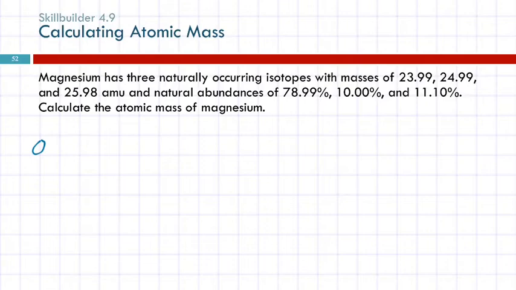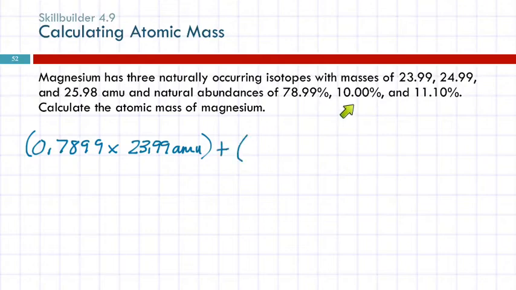So 0.7899 times the mass of that isotope, 23.99 atomic mass units. And then I'm going to add the next percentage, 0.1000 times its atomic mass, 24.99 atomic mass units.